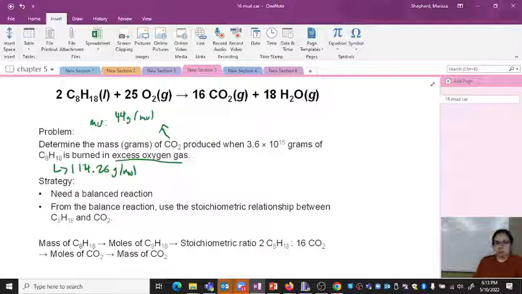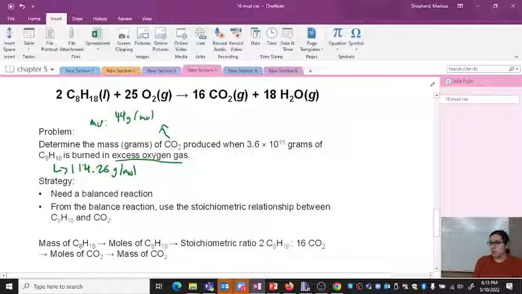What do we do with our s'mores when we have grams? It doesn't matter that this is to the power of 15 or whatever. What's the step? We have grams, so how do we convert to moles?